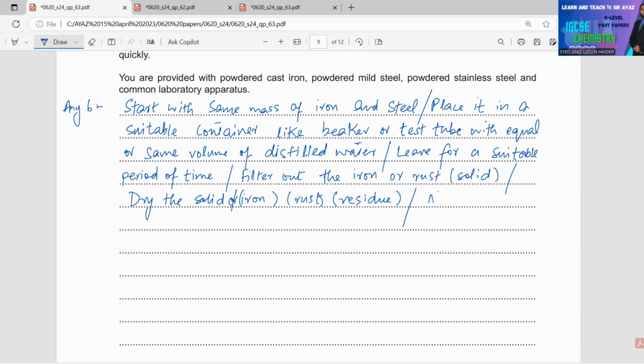Note down the mass of solid, that is iron or rust or residue.